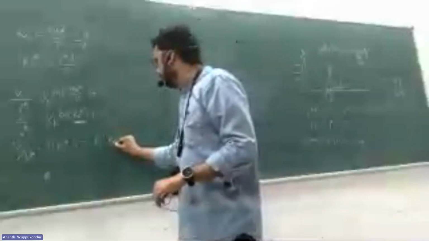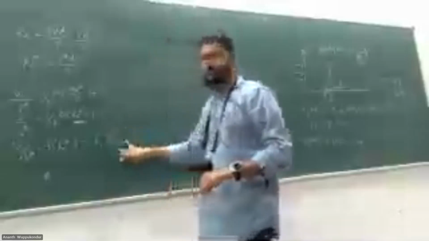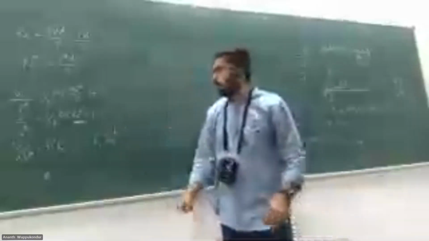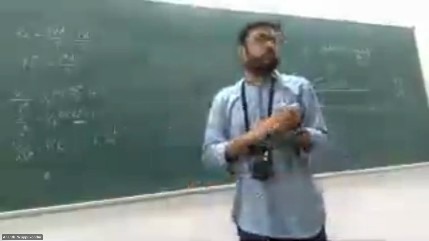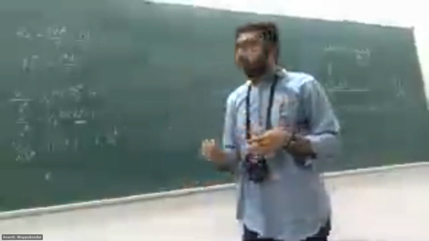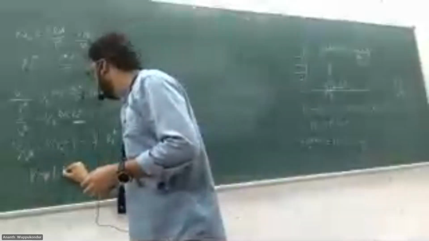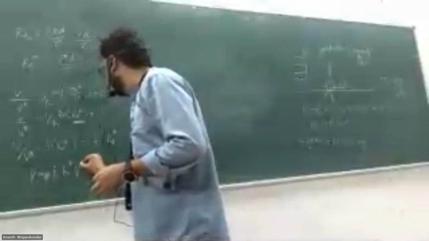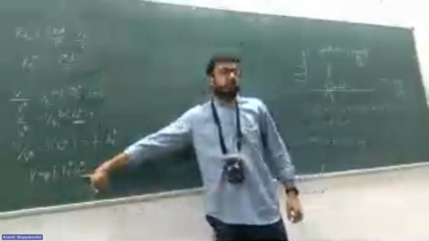So I would represent that as some factor, multiply that with RE star. So what would V be? So this is what you get for V.